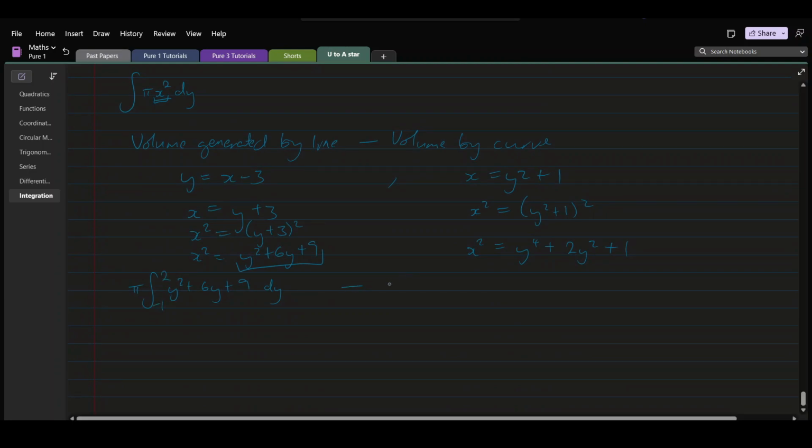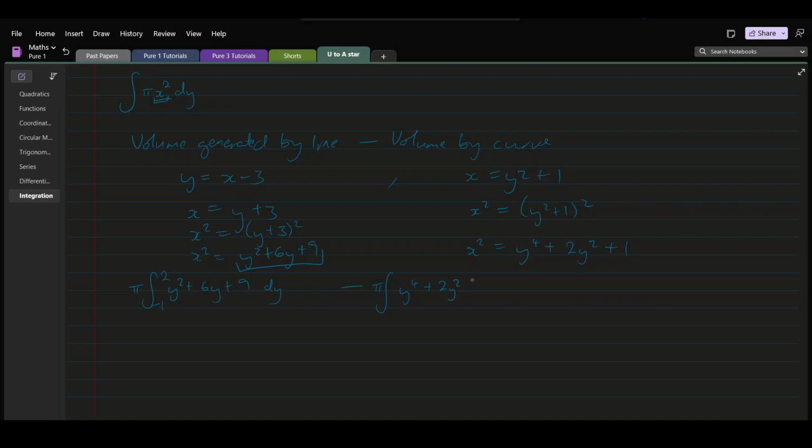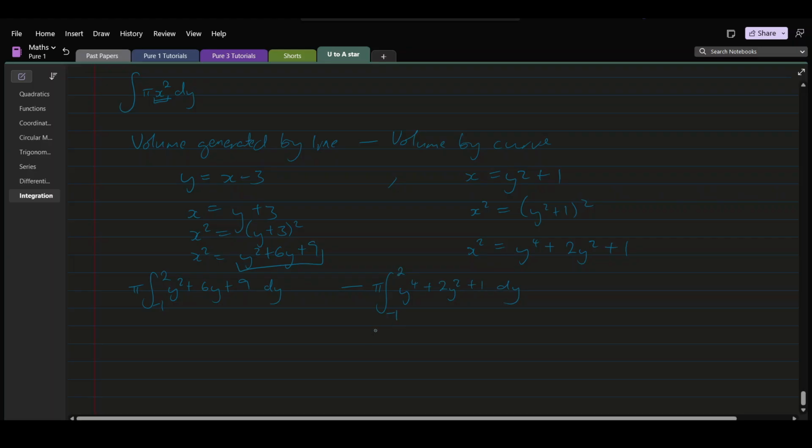And then we're doing the same for the curve, pi the integral of x squared. In this case, that's y to the 4 plus 2y squared plus 1 with respect to y. That's from -1 to 2.